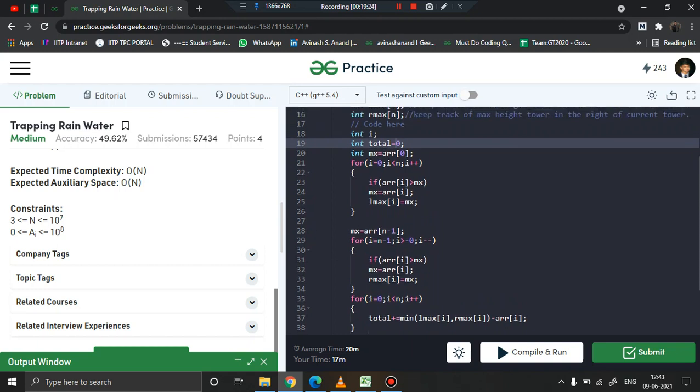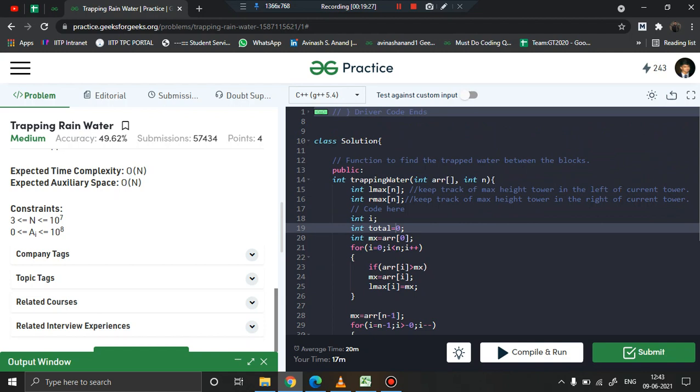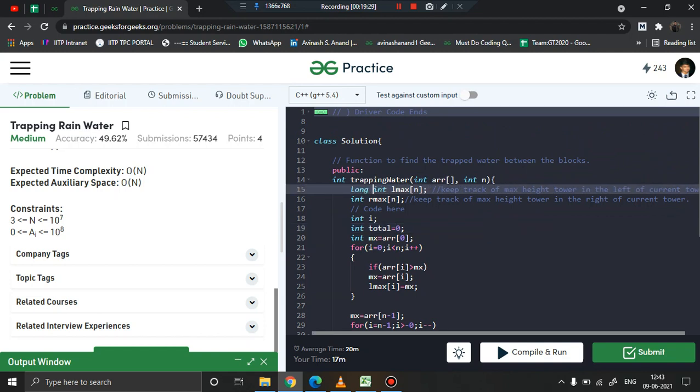So we will be basically using long int, right? Let's see if this solves the issue.